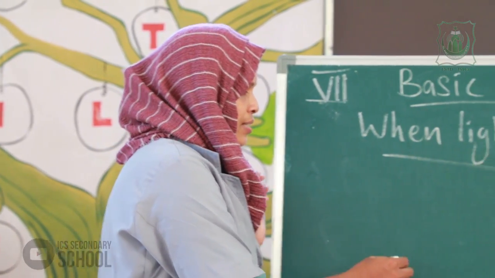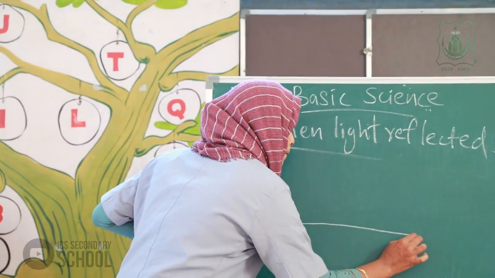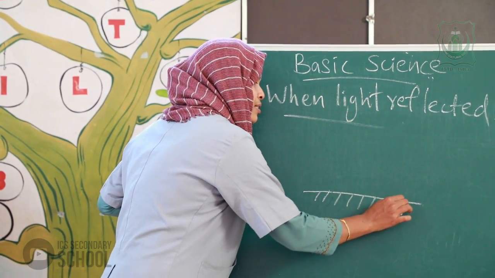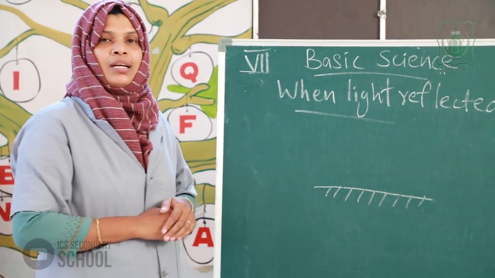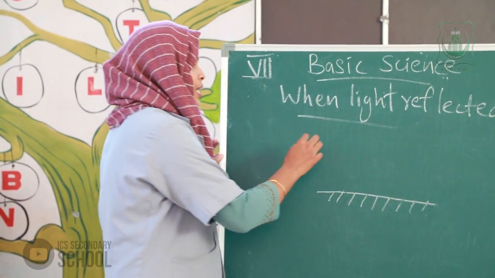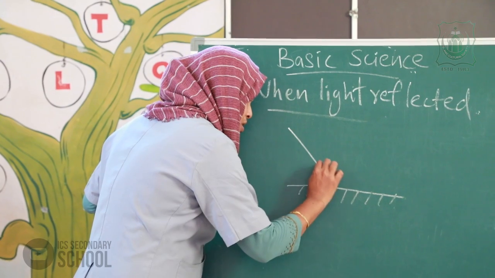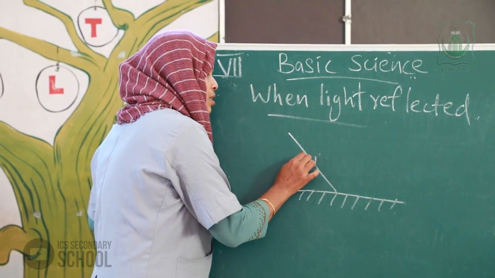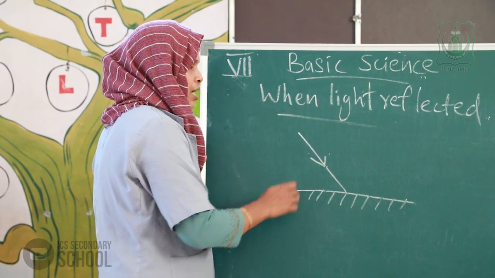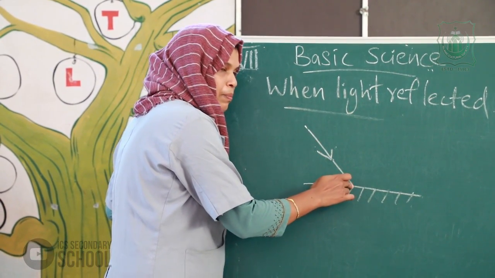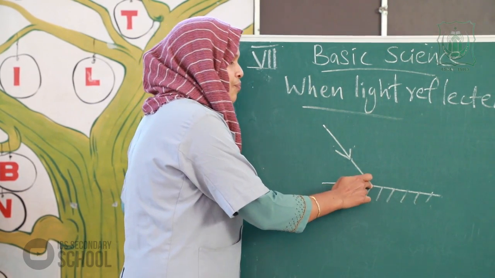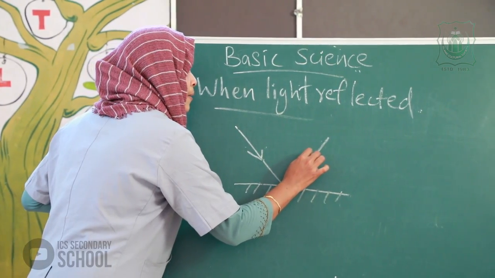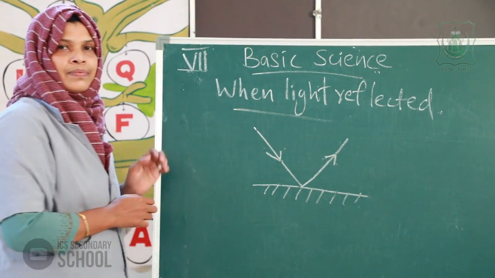Listen here. Take a plane mirror. This indicates a plane mirror. Then direct the light from the torch, and the light that falls on the mirror gets reflected.